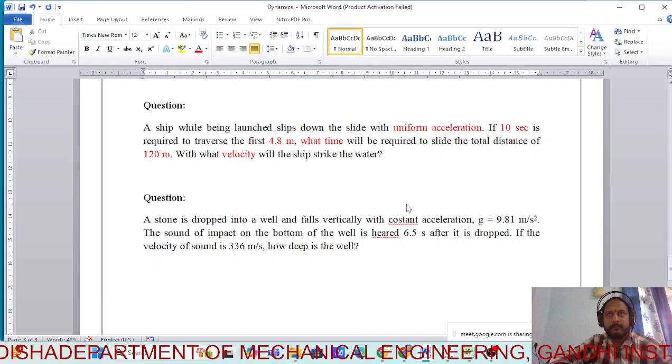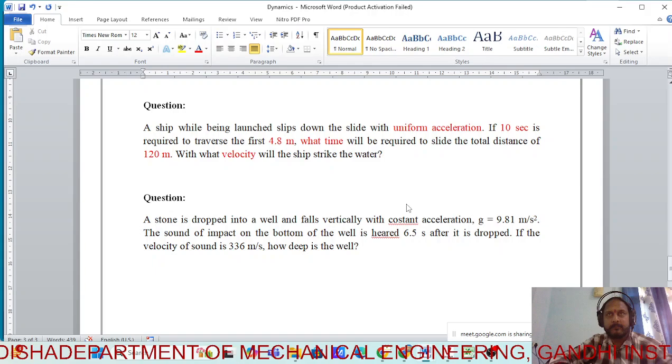Whenever you're dropping a stone into a well, all of you know what a well is? When you're dropping into a well, that stone is falling vertically downward. All of you are clear? And with constant acceleration, that is G is equal to 9.81 meter per second square.